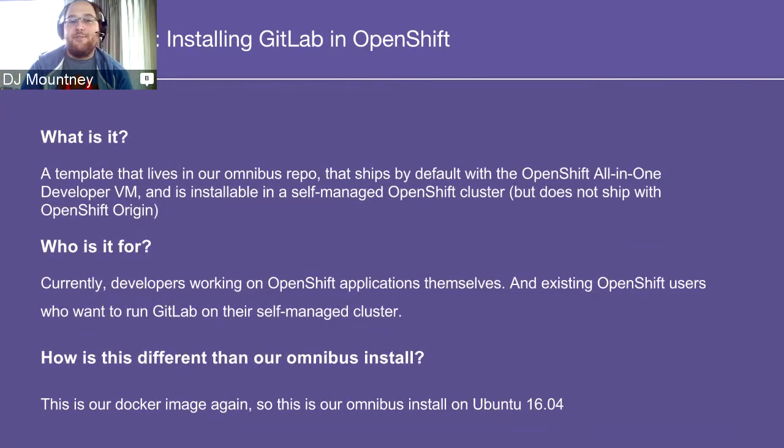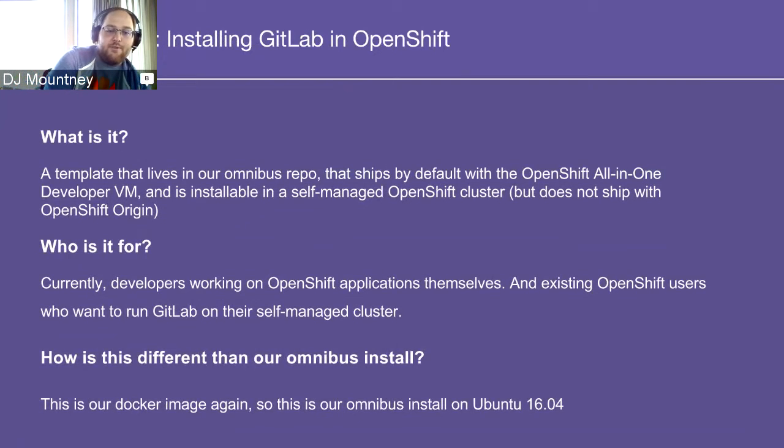It would try to install and it would fail. So as a result, in its current state, we're not shipping it with OpenShift as a one-click installer, but we will have documentation that walks you through the steps of installing it yourself in your own self-managed cluster. That's the current state of things, starting with the 8.12 release.